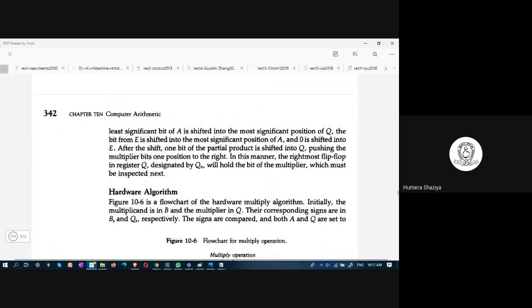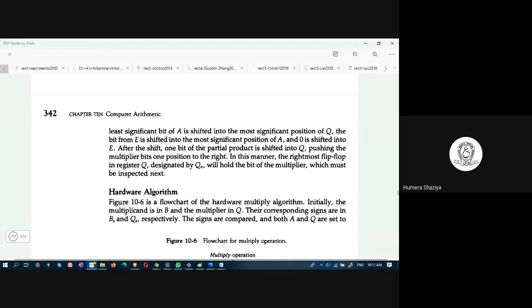What are the steps? First add operation is performed, ma'am, to obtain partial product.